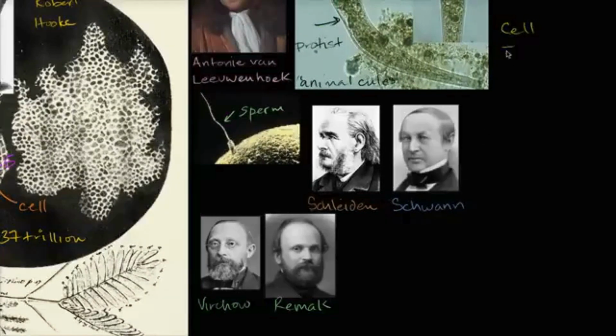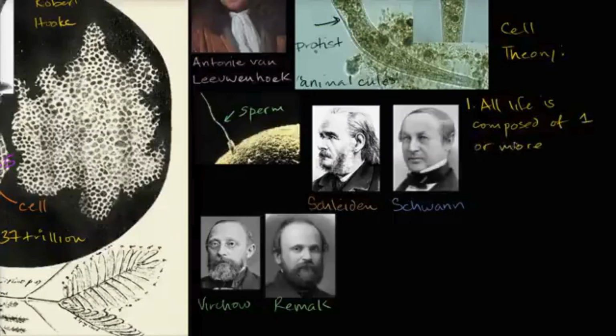Using their observations and what they were able to deduce, they said, hey, maybe all living things, all life, is composed of one or more cells. Today we kind of take this for granted, but this wasn't obvious. It wasn't obvious that this was somehow a building block for life, one or more cells.